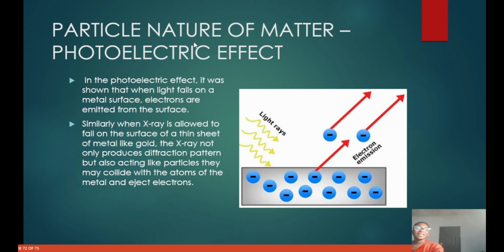Particle nature of matter, or the photoelectric effect. In the photoelectric effect, it was shown that when light falls on a metal surface, electrons are emitted from the surface. Similarly, when X-rays fall on the surface of a thin sheet of metal like gold, the X-rays not only produce a diffraction pattern but also act like particles. They may collide with the atoms of the metal and eject electrons.